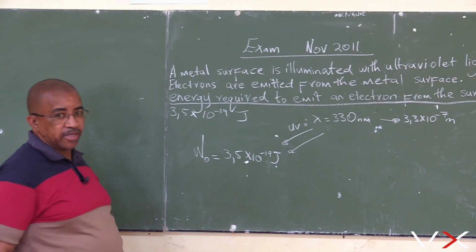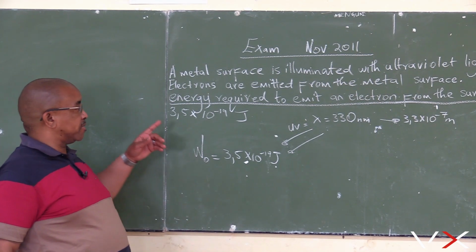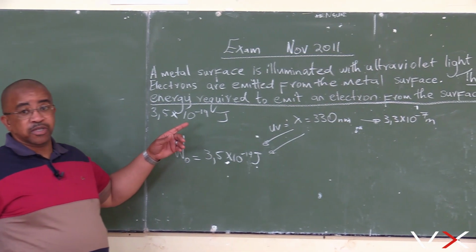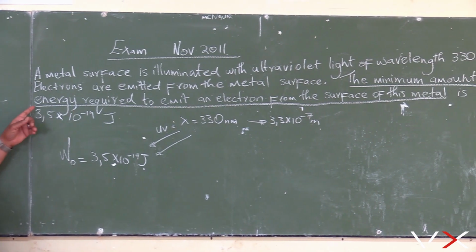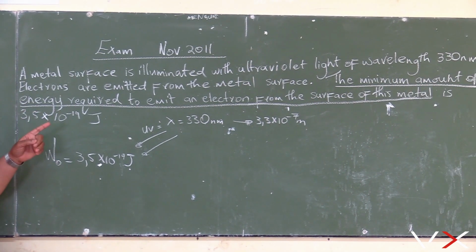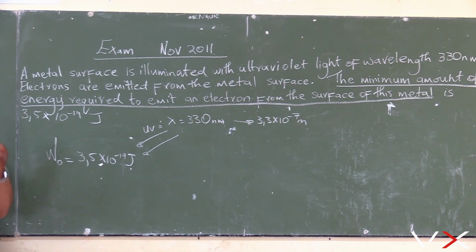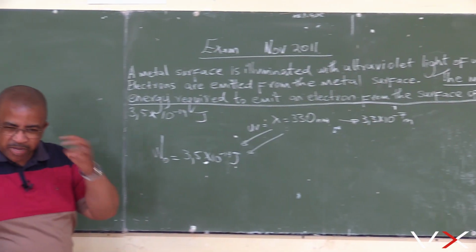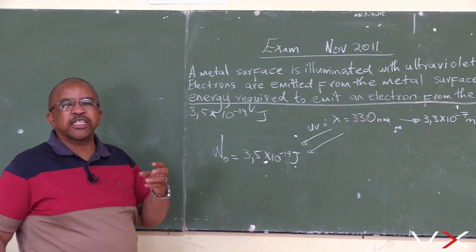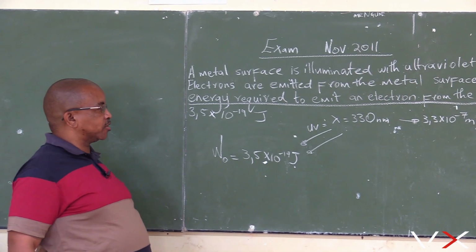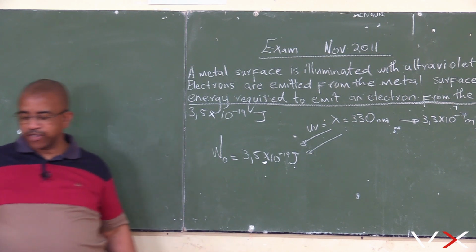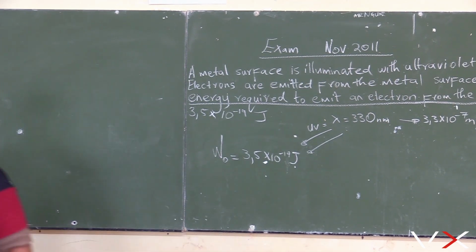Underline the minimum amount. What is the work function? The minimum amount of energy required, that low energy needed to emit electrons from the surface of this metal.